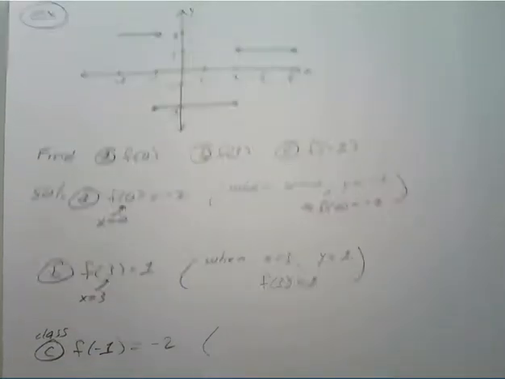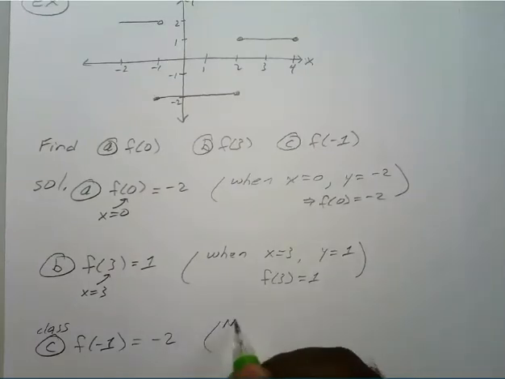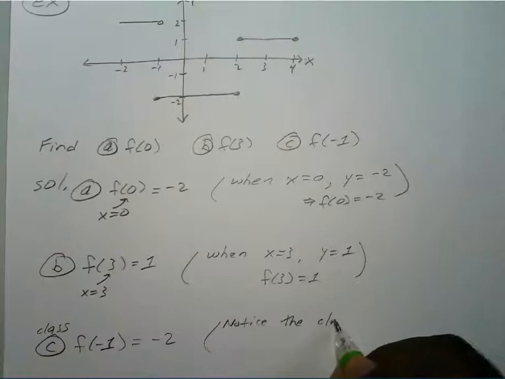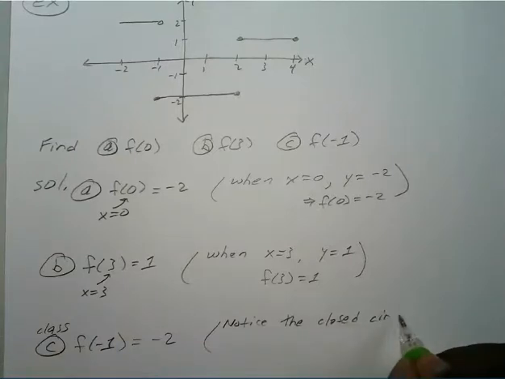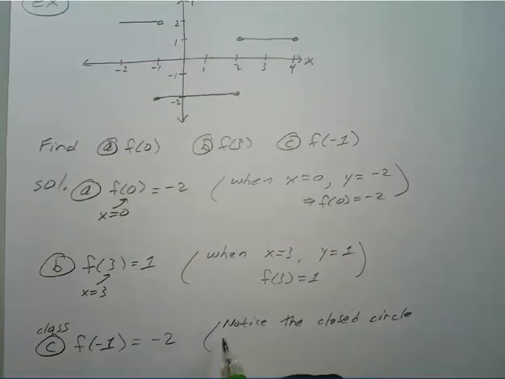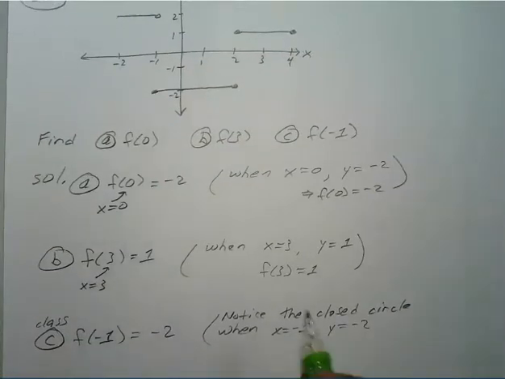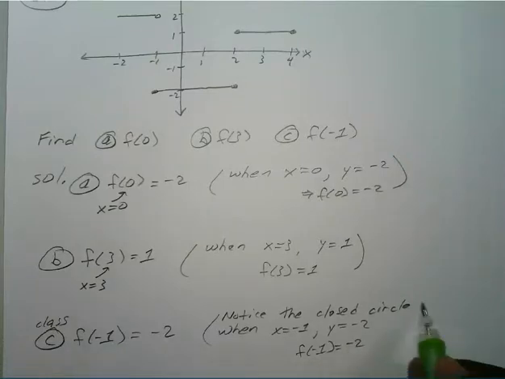Okay, so the first thing you want to do is notice the closed circle when x is equal to negative 1. We know that y is equal to negative 2, which means that f of negative 1 equals negative 2.